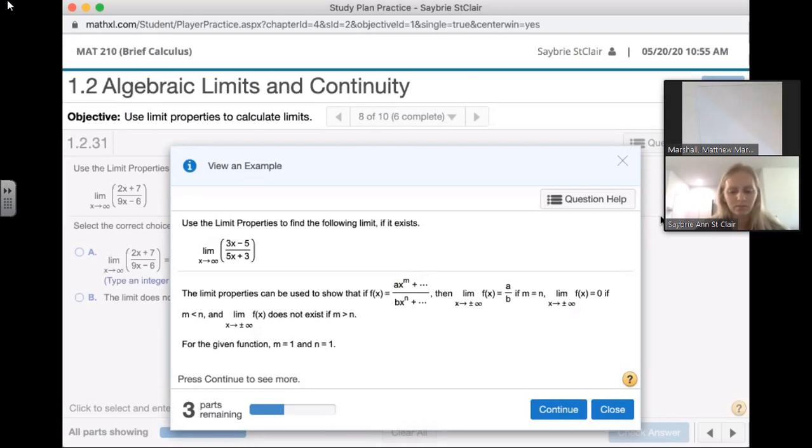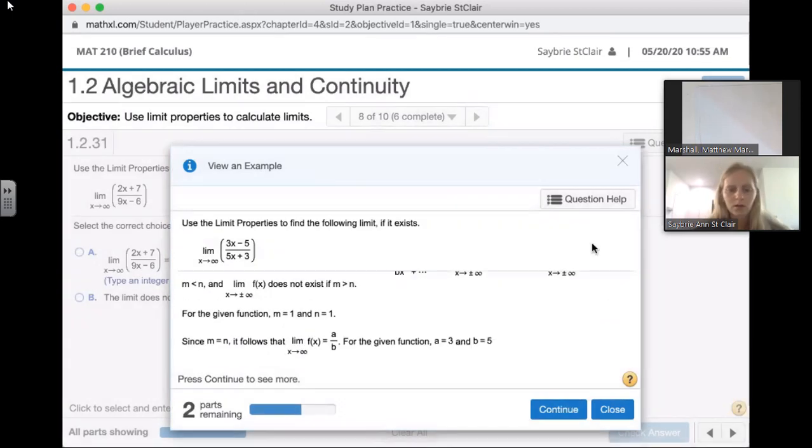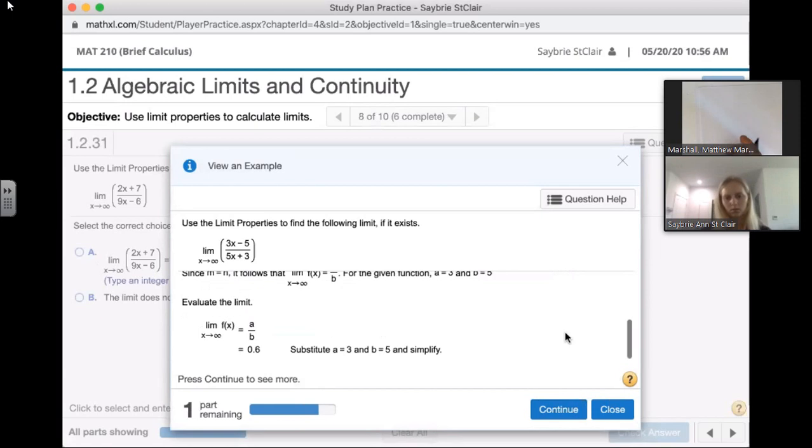Wow, that's mumbo jumbo. A is 3, so A is the coefficient in front of the x term on top. B is the coefficient of the variable term on the bottom, I guess. Yeah. So if you divide it, you get 0.6. Okay. That makes sense.